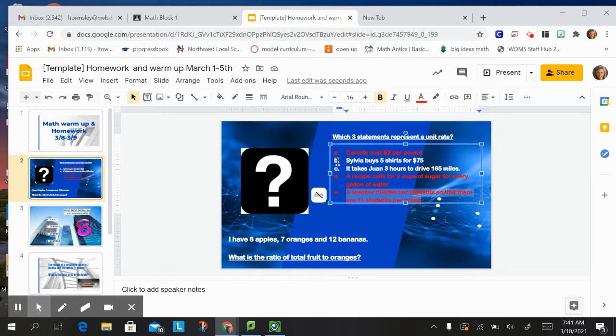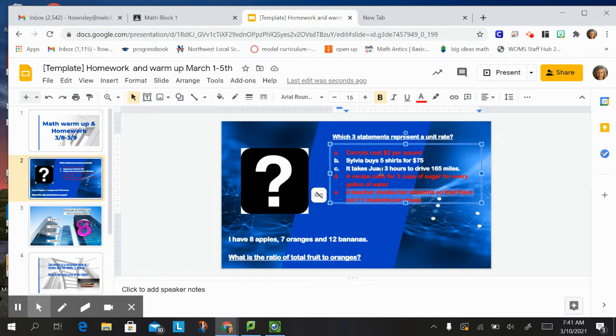Now these two that I didn't highlight, B and C, these are ratios. All right. They're just saying that you buy 5 shirts for $75. That's just a ratio. That's not really talking about unit rate. If they want to talk about unit rate for Sylvia, it would be Sylvia bought one shirt for $15. Okay.